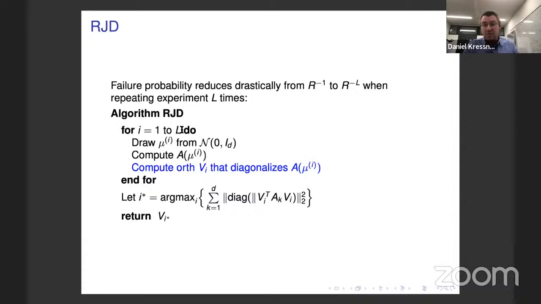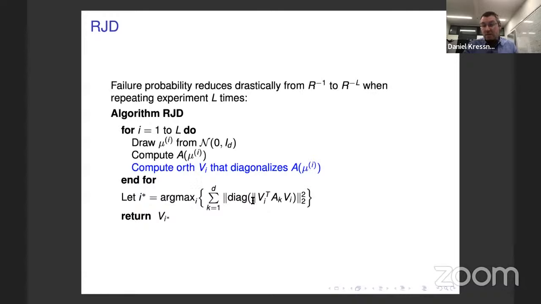So in practice, we are not going to choose capital L very large. What we see is choosing capital L equal to 3 often does the job. So this whole joint diagonalization, instead of using some optimization method, you just choose 3 random linear combinations. You pick the best one.